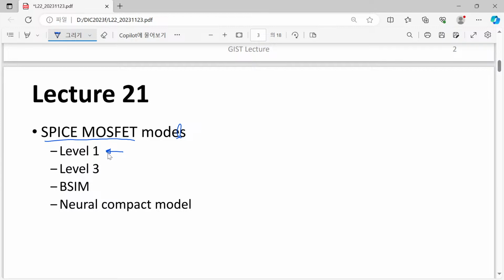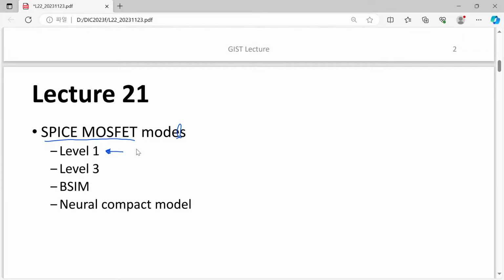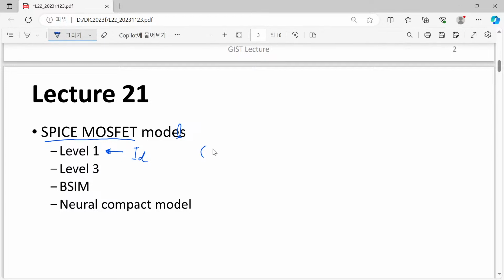So level 1 model, its ID expression was quite similar to the one we have studied in this course. The only difference was we have additionally considered lambda times VDS dependence. So that was all for level 1.